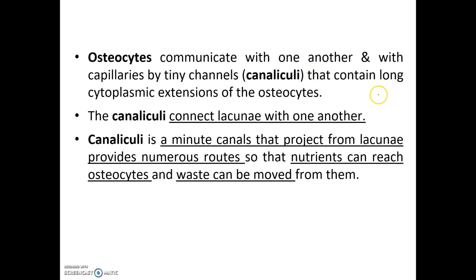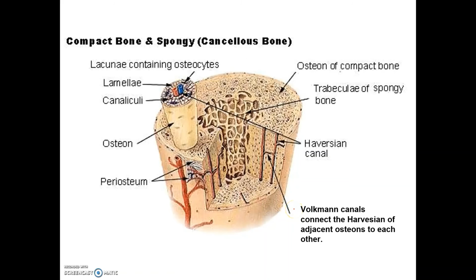Canaliculi contain the long cytoplasmic extensions of the osteocyte. Canaliculi connect the lacunae with one another. They project from the lacuna to provide nutrients to the bone cell, and waste can be removed from them.